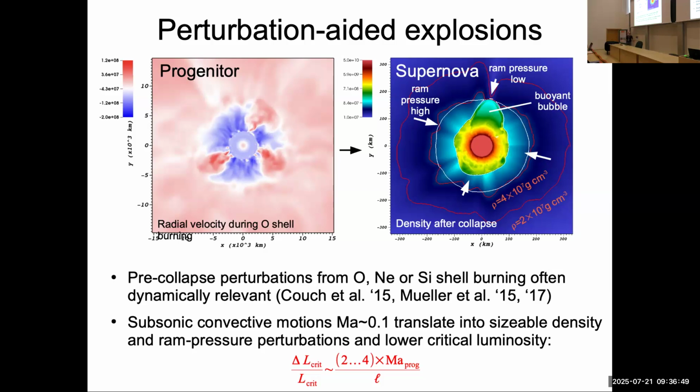Almost always active oxygen burning, sometimes active silicon burning, and those burnings tend to drive convective shells, right? So you already have convective turnover motions in the star before it collapses.